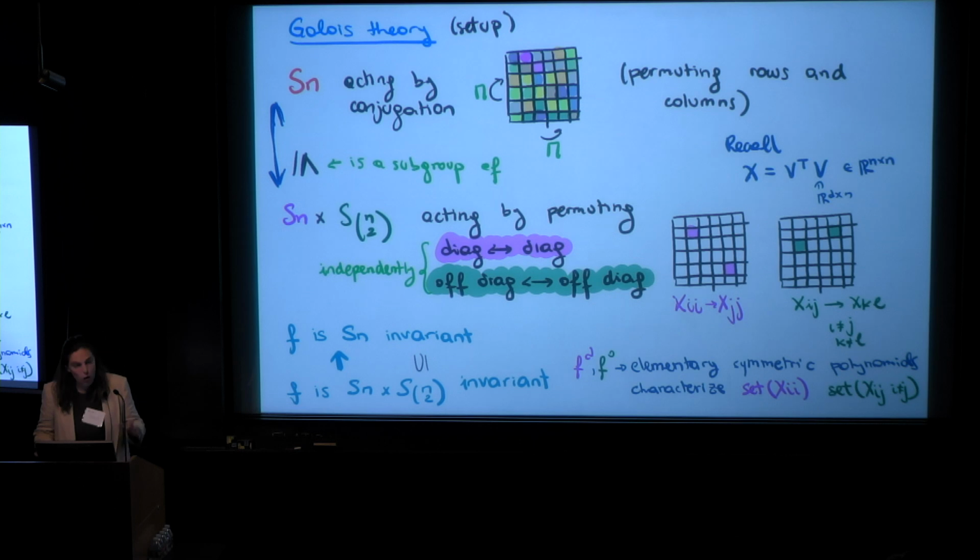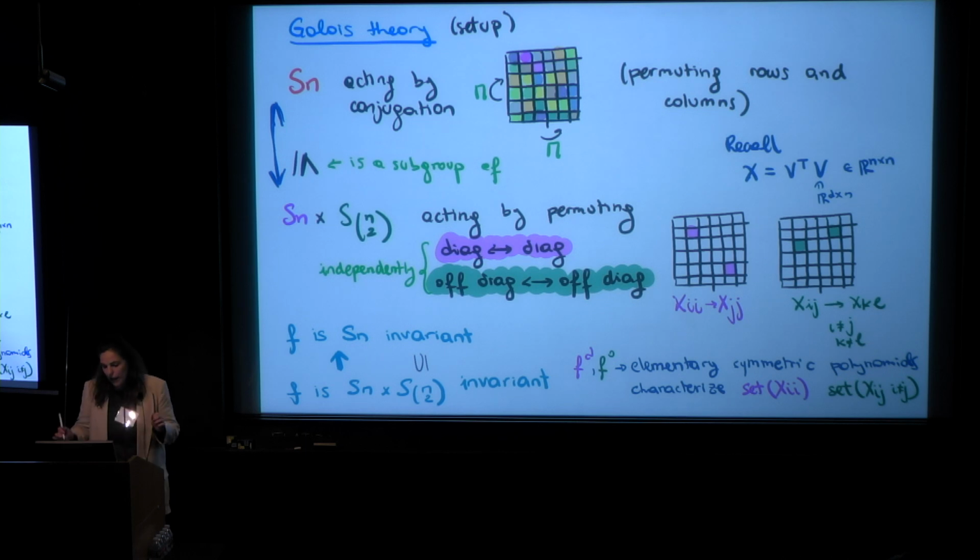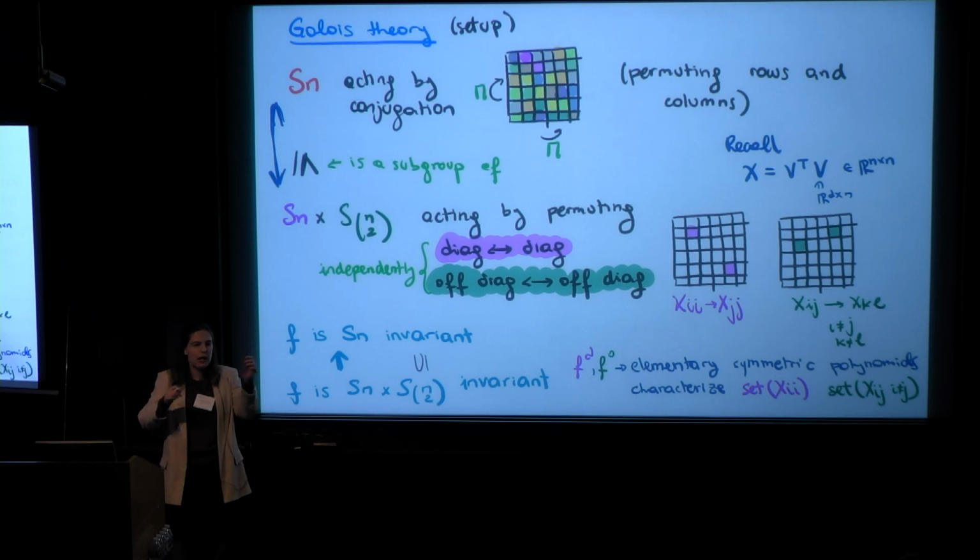And so what we can do is write the invariants with respect to the bigger group and then extend them to get the invariants with respect to the smaller group. And that's what we are going to do. The bigger group is an easy group to work with because it's just the product of two permutation groups. And we know how to write the invariant functions with respect to just permuting the elements.